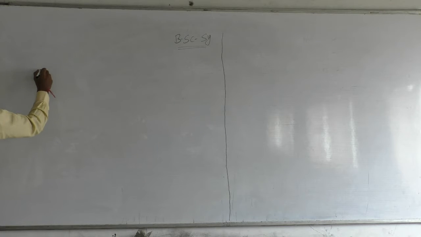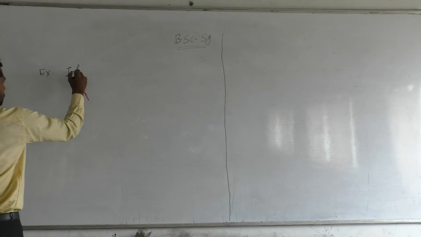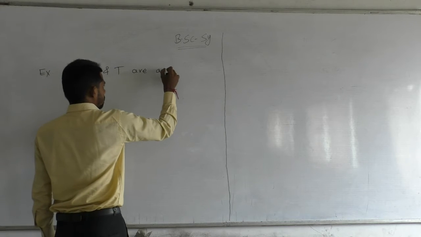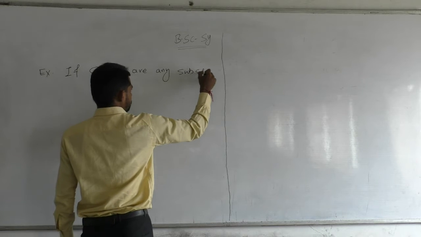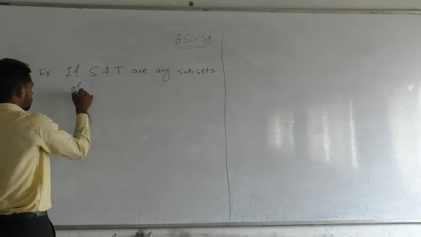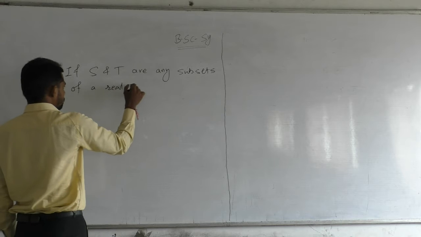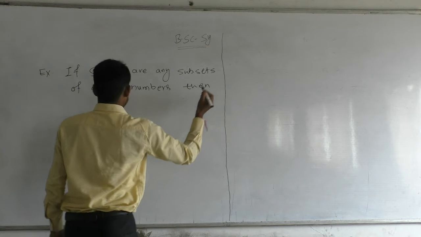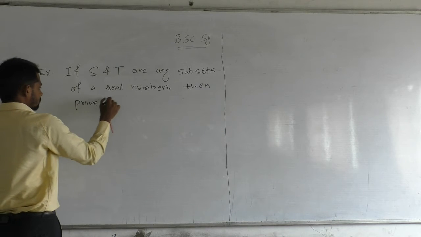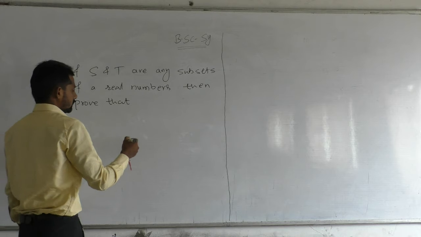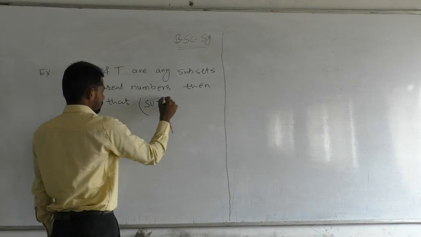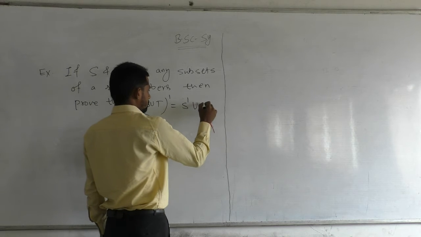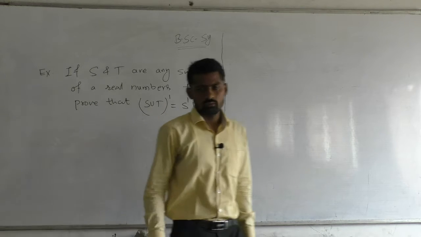Example: if S and T are any subsets of the set of real numbers, then prove that the derived set of S union T is nothing but the derived set of S union the derived set of T. That we have to prove.